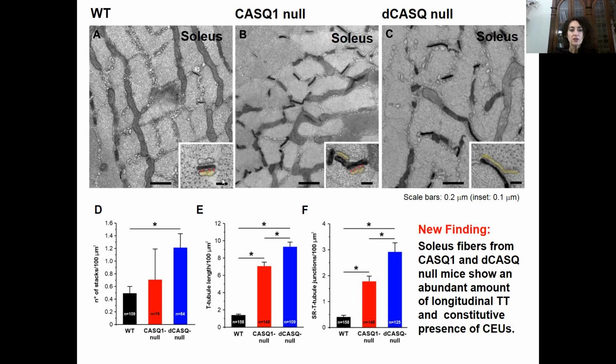Just one note, this is a longitudinal triad, in which I labeled in red the ryanodine receptors, and again in yellow you see the sarcoplasmic reticulum. Well, longitudinal triads are obviously excluded by the quantification.